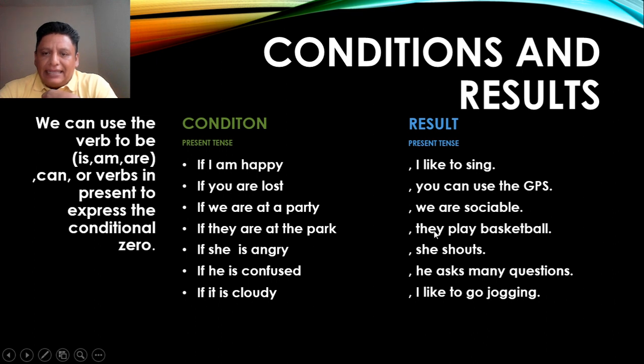I like, they play, she shouts, he acts, I like to go. Those are the verbs in present. You can is actions with can for abilities or opportunities. Remember, that is the first part.